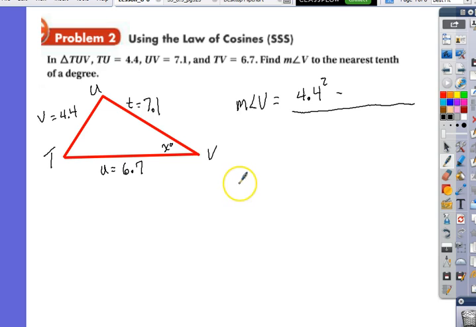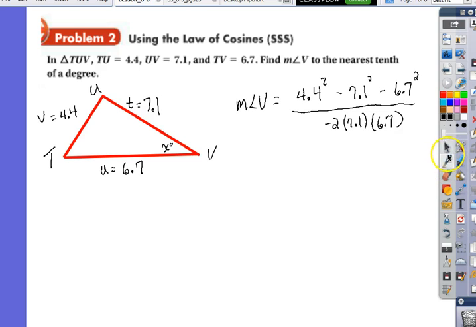Does it matter what order we put them in? No. So I'm going to do minus 7.1 squared minus 6.7 squared, and that's all over negative 2 times the two numbers that were subtracted on the top, 7.1 and 6.7.